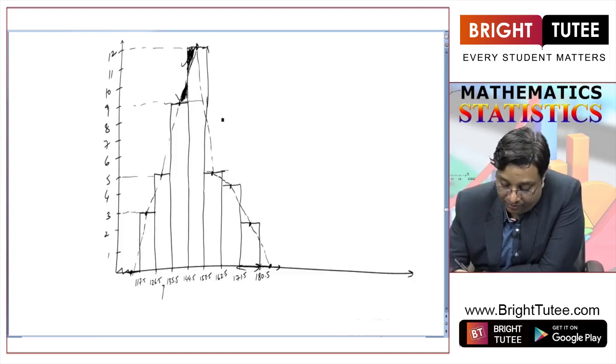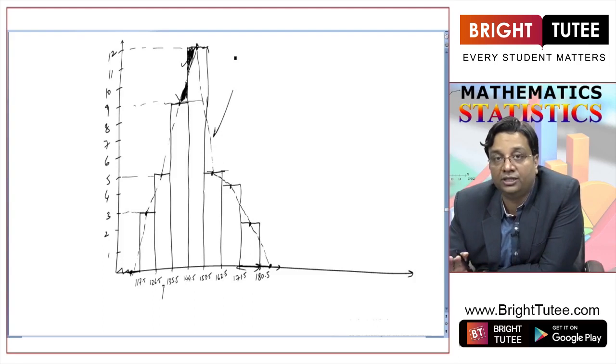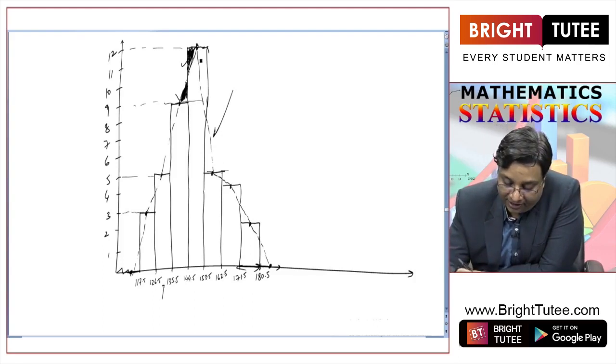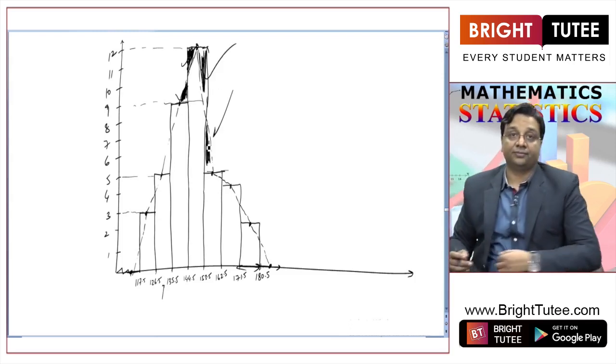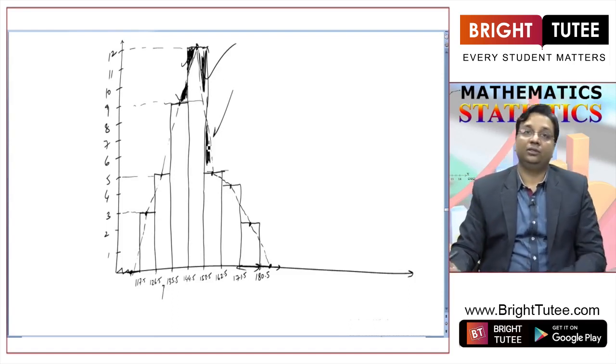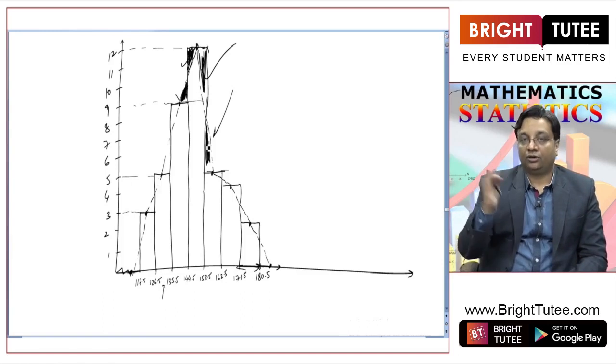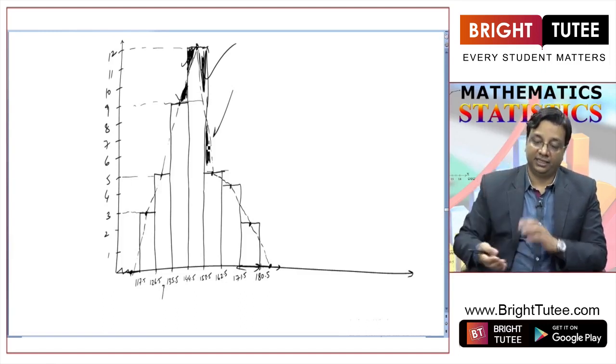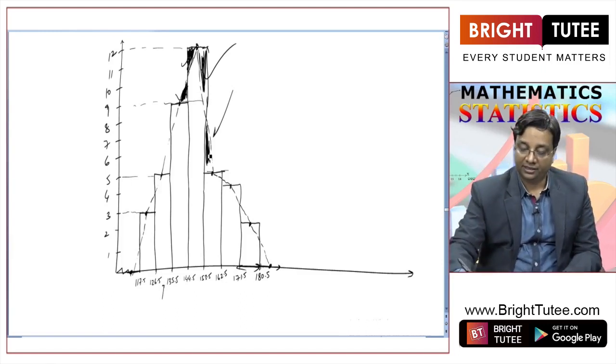When you draw this frequency polygon and histogram using the scale and pencil on a graph paper, you will see that these triangles are congruent triangles, right? Hence the area which the frequency polygon cuts off from the histogram is adjusted by these extra areas, right?